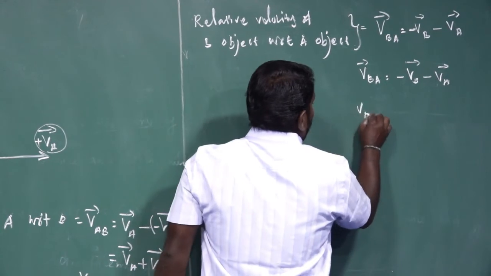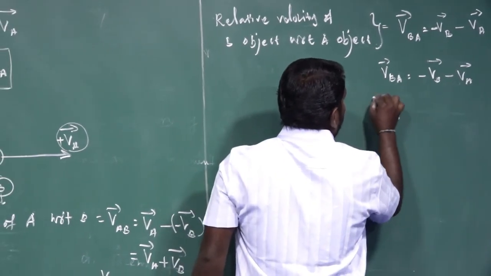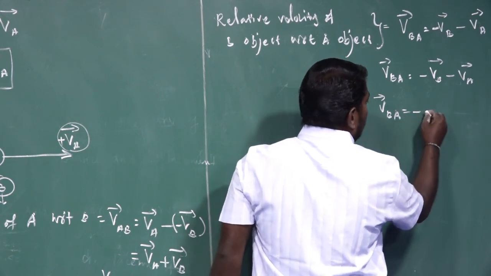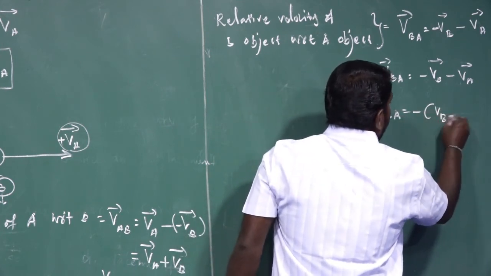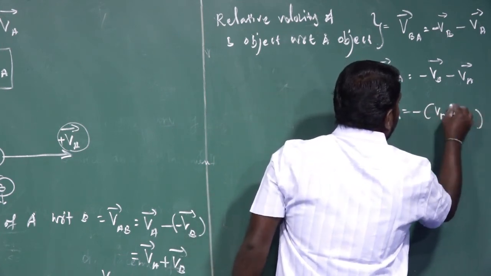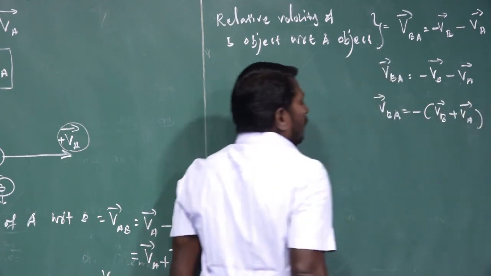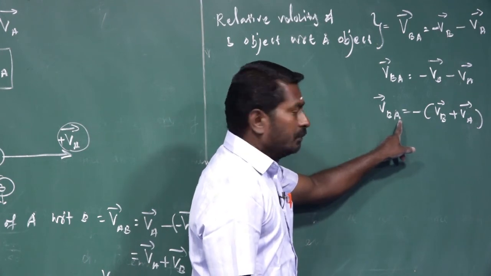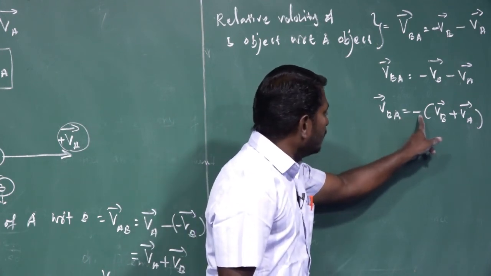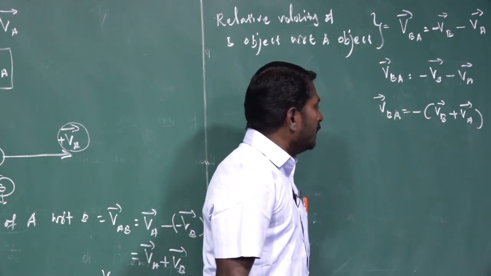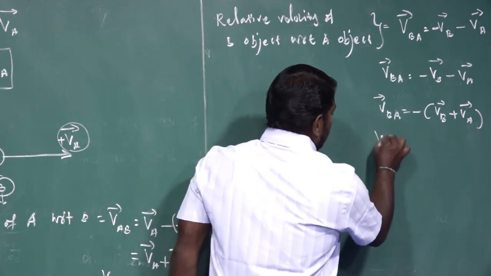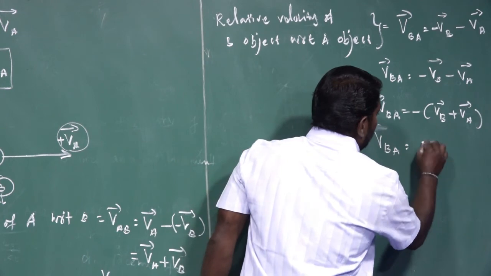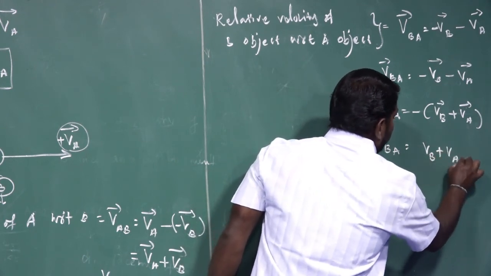So VB A is equal to minus, taking common, VB plus VA. So this is the relative velocity of B object with respect to A object, equal to minus of VB vector plus VA vector. Magnitude wise, it is equal to VB plus VA.